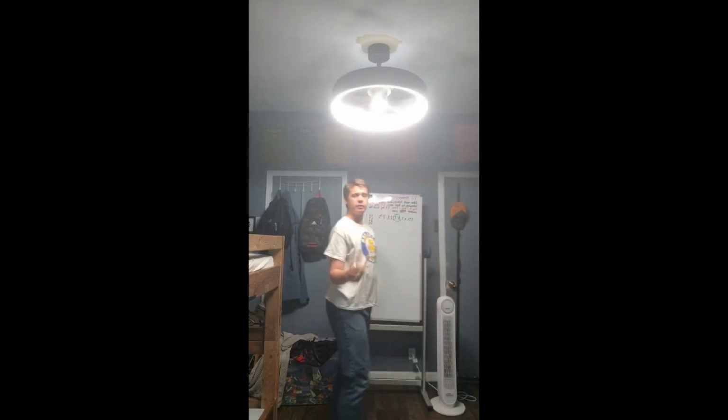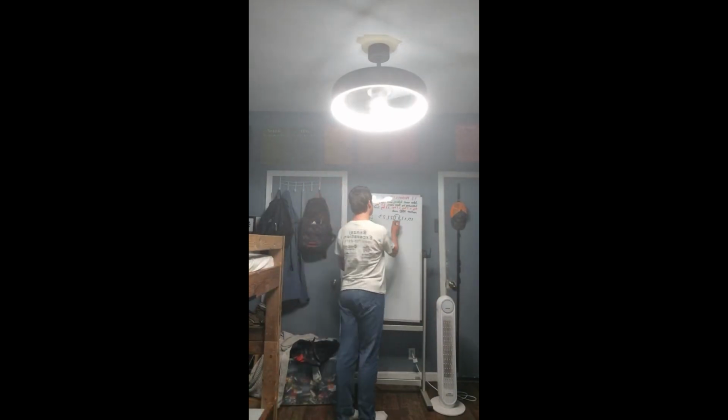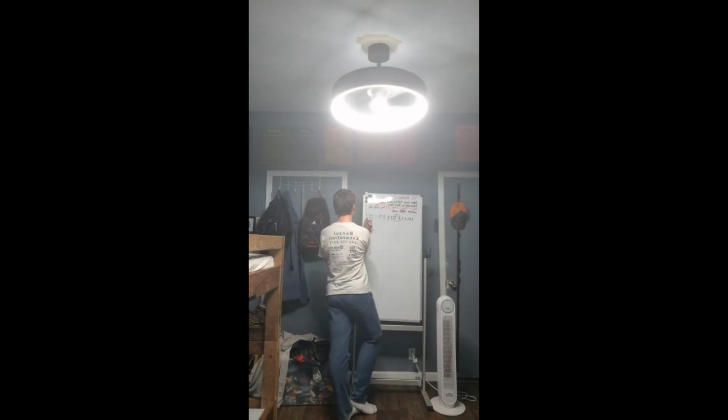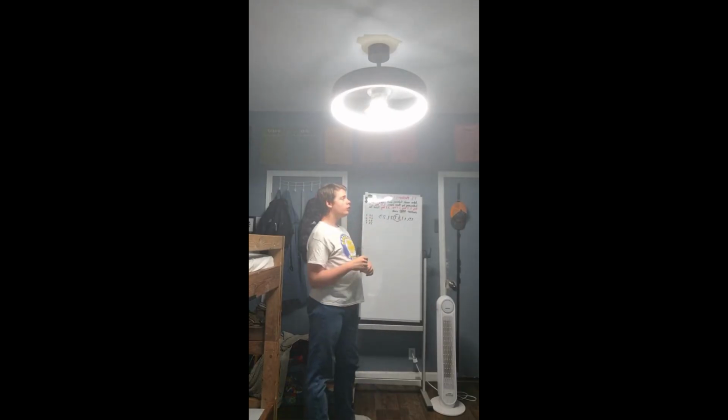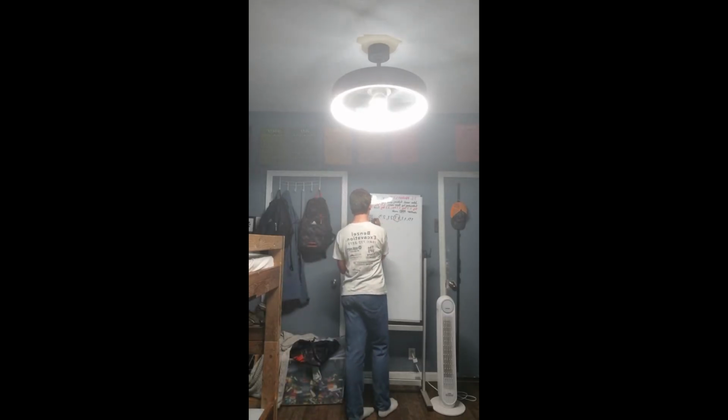So 1.7 appears 2 times. Then 2.1 once, 2.3 once. So the median is 1.7. And the mode is 1.7 because 1.7 occurs the most.